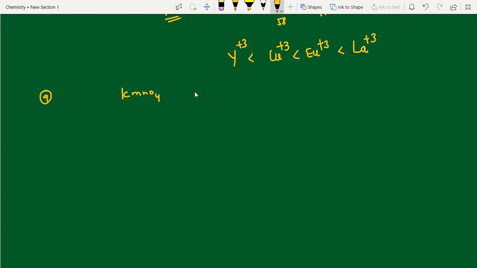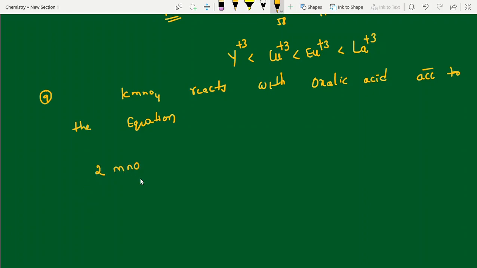KMnO4 reacts with oxalic acid according to the equation. So write down what is the equation. 2MnO4 minus plus 5 moles of C2O4 2 minus, oxalic acid H2C2O4 actually, but they have taken ionic form.